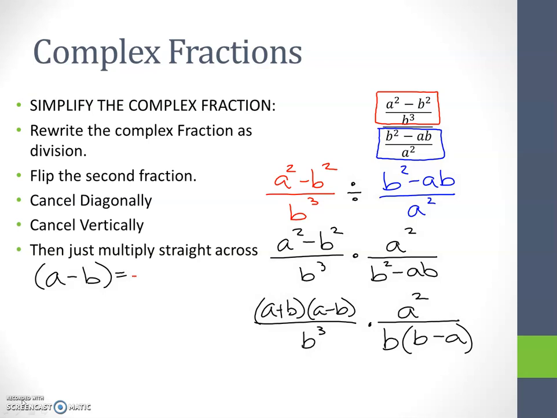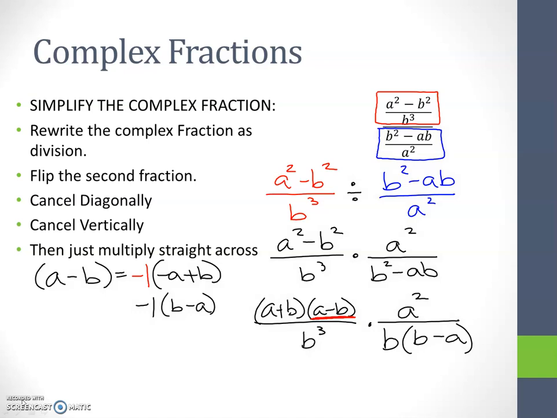If I wanted to, I could pull out a -1, because pulling out a -1 always changes the signs. So that would now make that a negative b minus a, which I could rewrite as a minus b. And then that will make it cancel. You won't have to do one like that on your homework. I just wanted to show you guys that there.